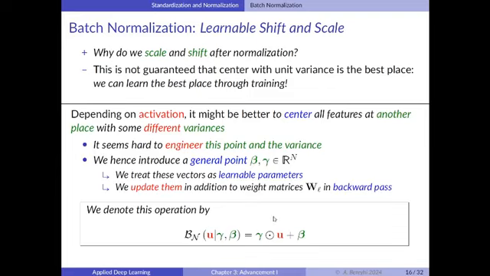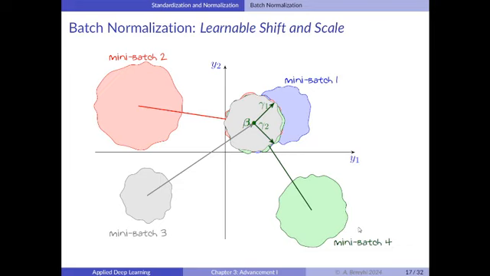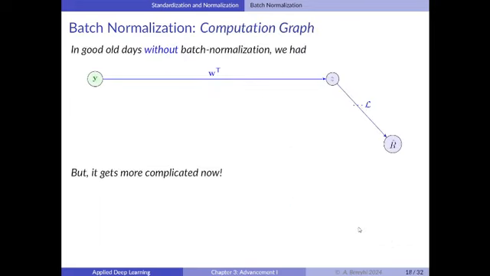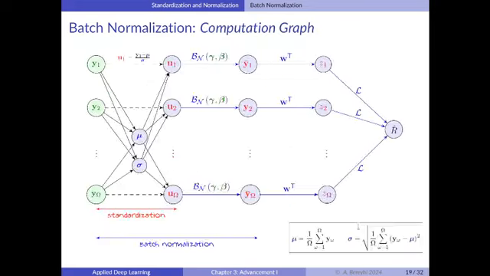Okay, so the derivation goes something like this: this is the scale, and this is the shift parameter, and they're learnable. You can see the batch normalization that has been done here.